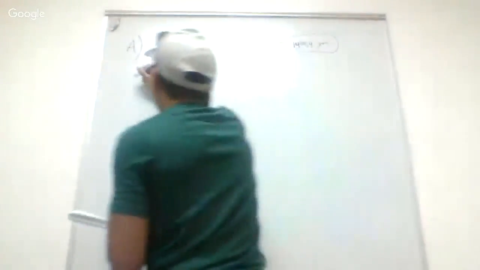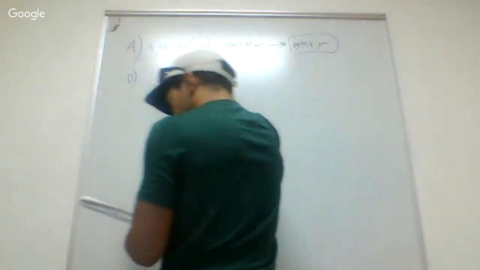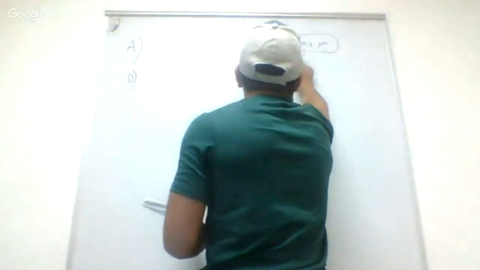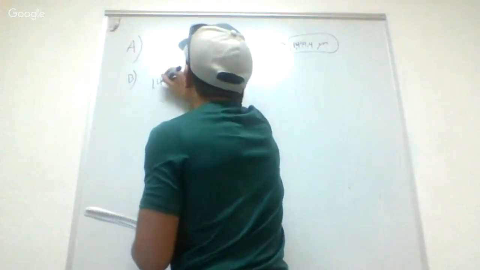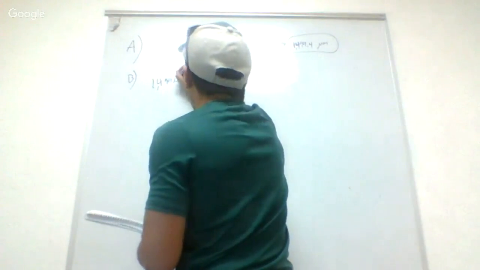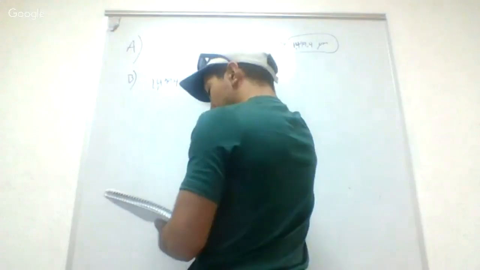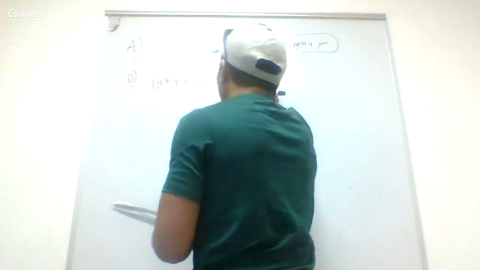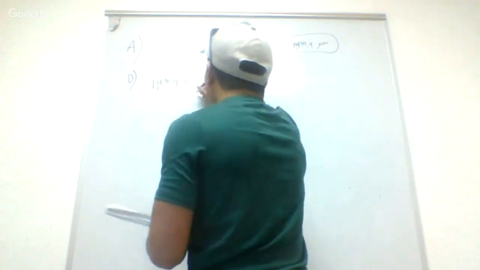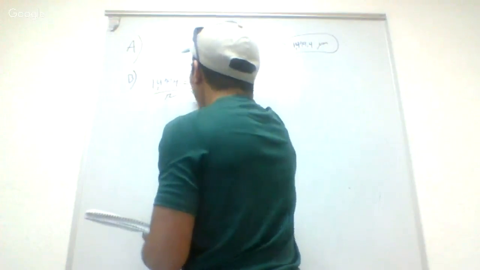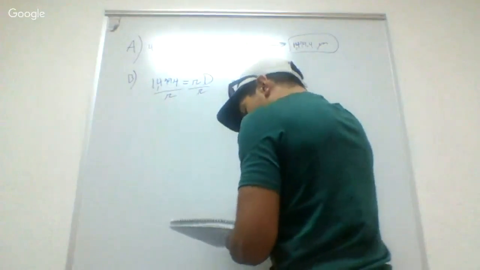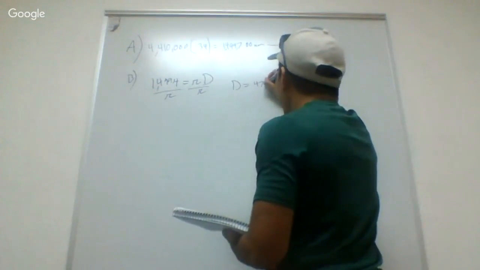For B, we pretty much just take our answer from A, 1,499.4, and then add that into the circumference formula, so we divide both sides by pi, which means the diameter would be 478.